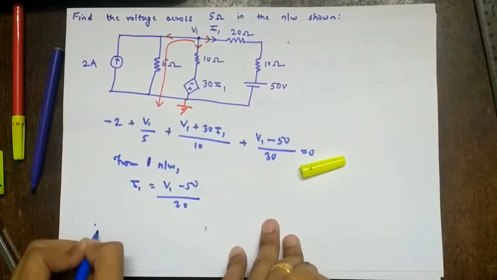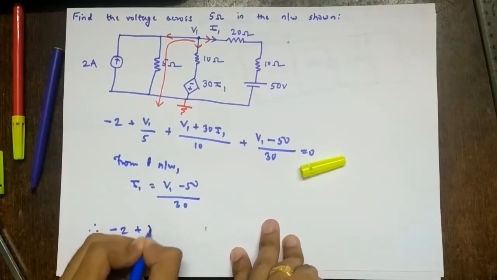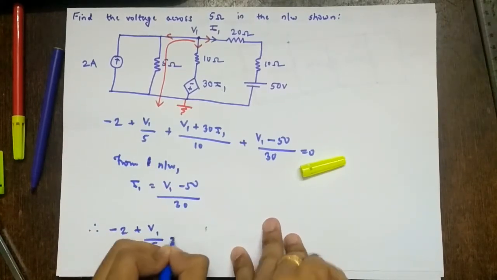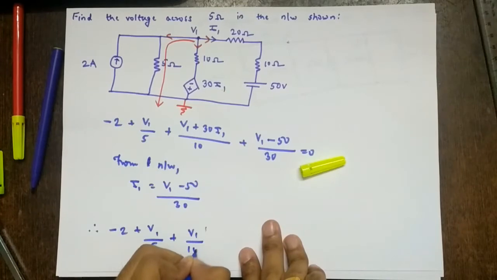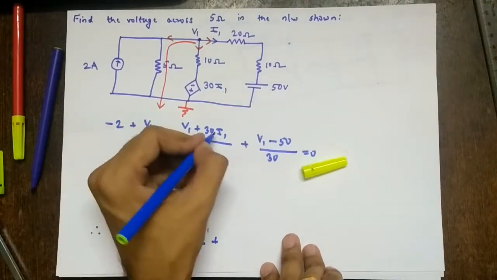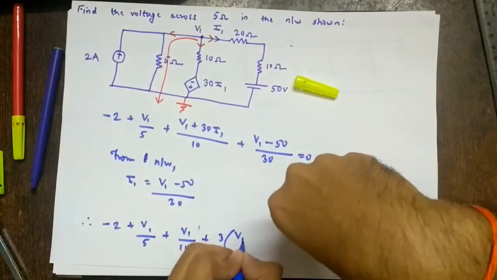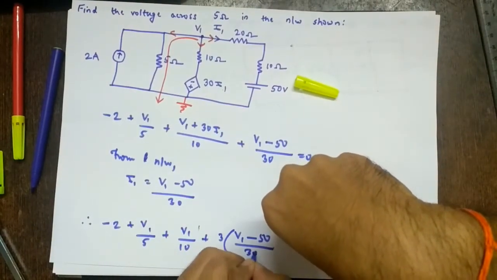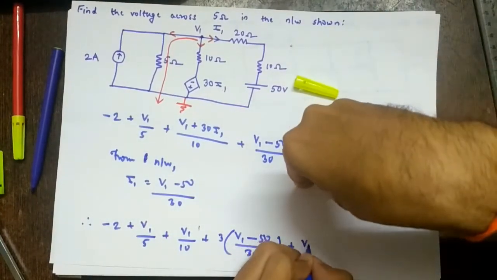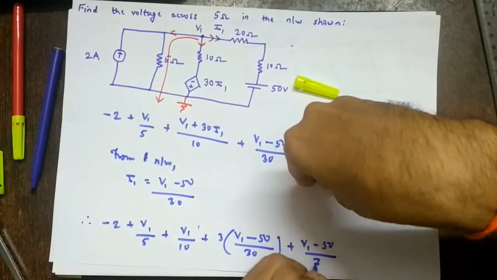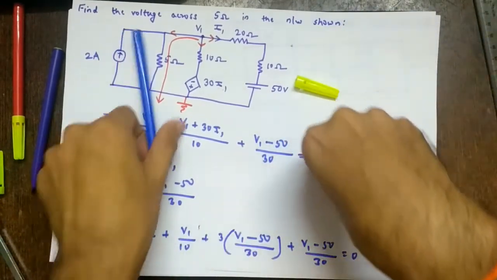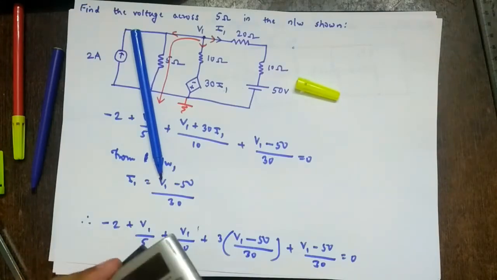So substitute here. Therefore minus 2 plus V1 upon 5 plus V1 upon 10 plus 30 upon 10 is 3, so 3 times V1 minus 50 upon 30, plus V1 minus 50 upon 30, equal to 0. We will just have to solve this equation and we'll get V1.